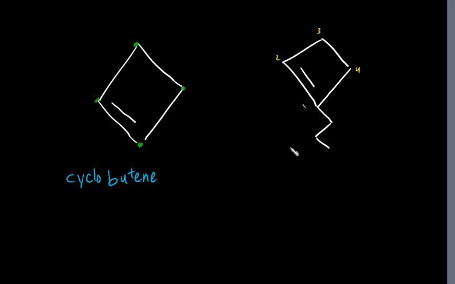So what I need to do now is to look at the branch. So this branch consists of 3 carbons, which is C3H7, right? Because this is an alkyl group, so it will be C3H7, which is propyl.